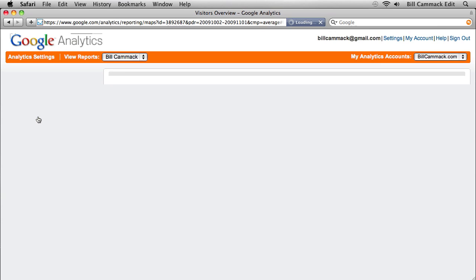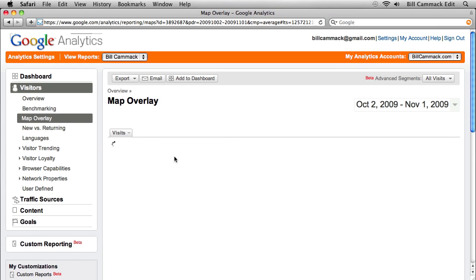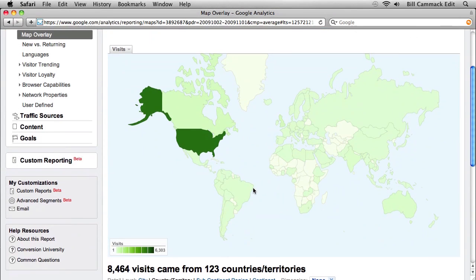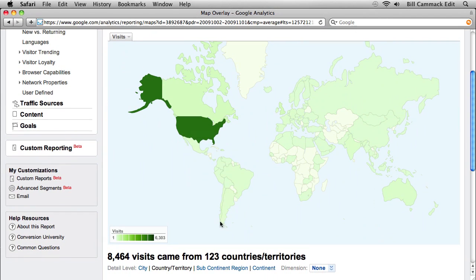Map overlay shows where in the world people are hitting my site from. So we have 8,400 visits coming from 123 countries and territories. The United States has the most, it's the darkest green, 6,300. Canada 367.